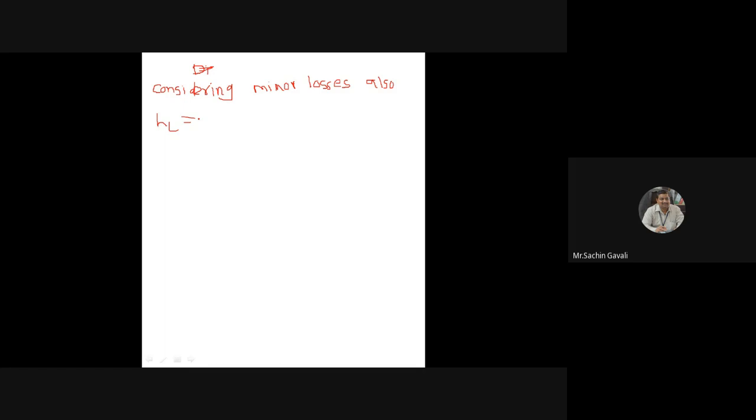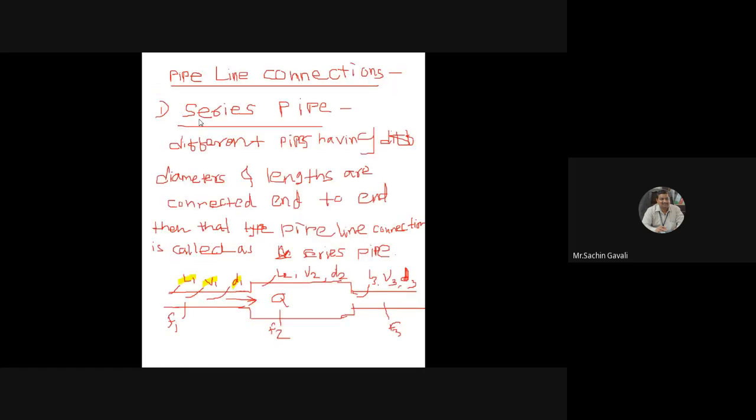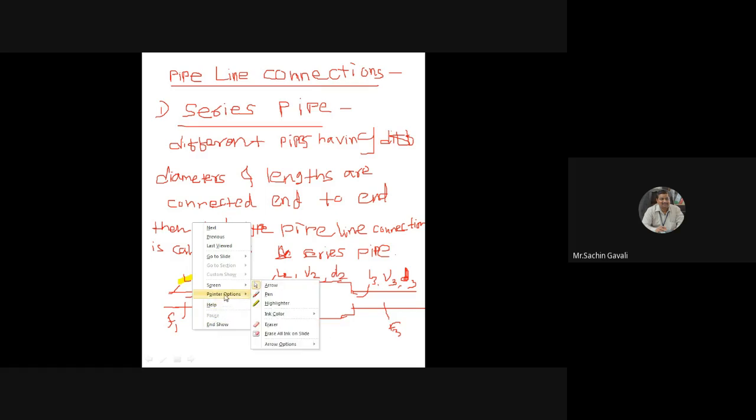Now you tell me first of all which head loss will occur, because this pipe is connecting two reservoirs. Let us consider this pipe is connecting two reservoirs.